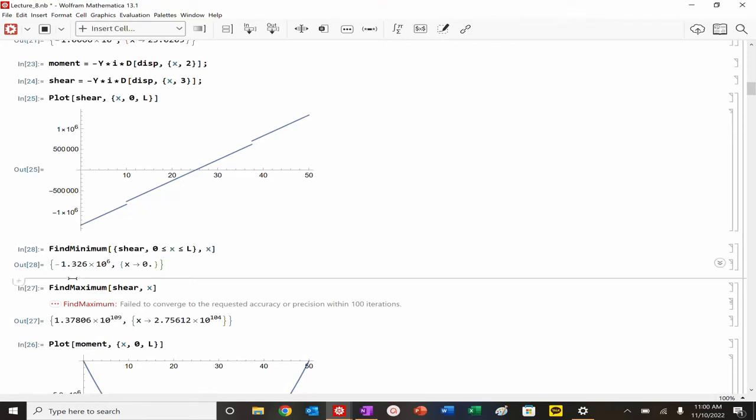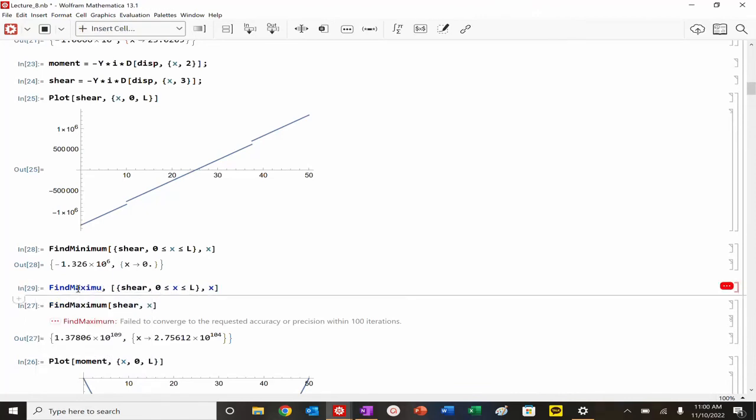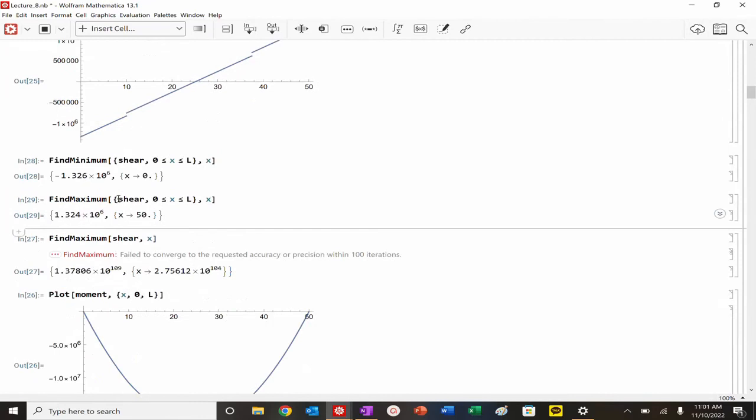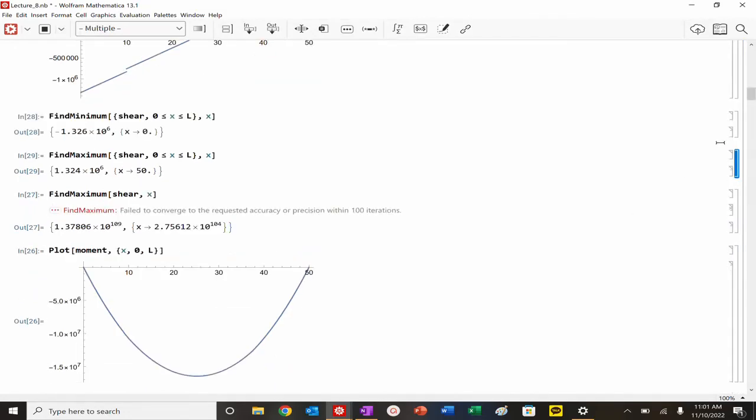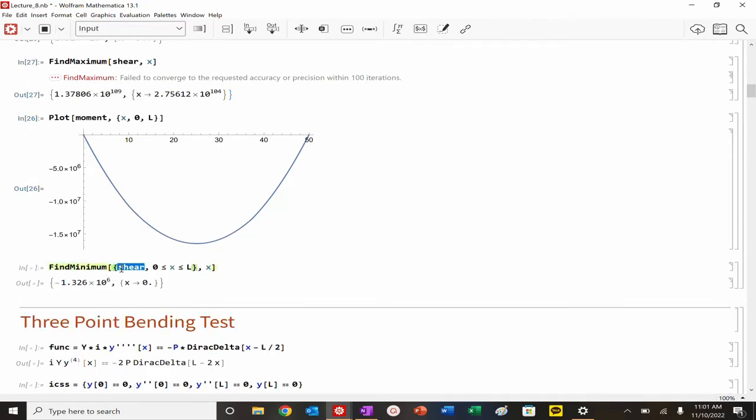I could also find my maximum value as well. There we go, that's nice. Excellent, so I've got my maximum and my minimum. I can do the same thing for my bending moment.